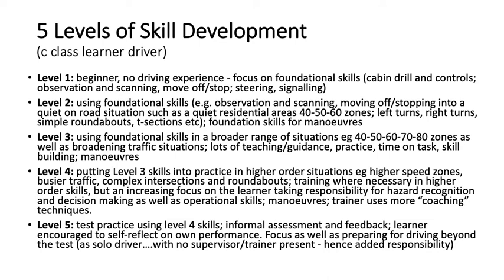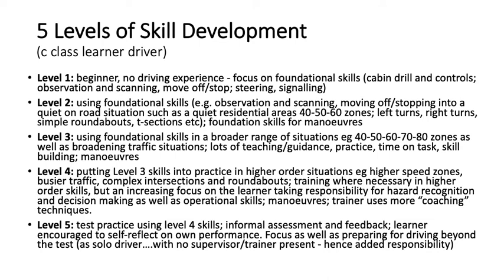Then we get to level 4, again building on level 3 skills, and an even broader series of situations. So higher speed zones, so onto the freeway, off the freeway, busier traffic areas, so you might drive a little bit further in towards city areas, etc. Handling complex intersections and roundabouts, training where necessary in higher order skills, but there's an increasing focus on the learner taking responsibility for their own hazard recognition and decision-making skills, as well as their operational skills.